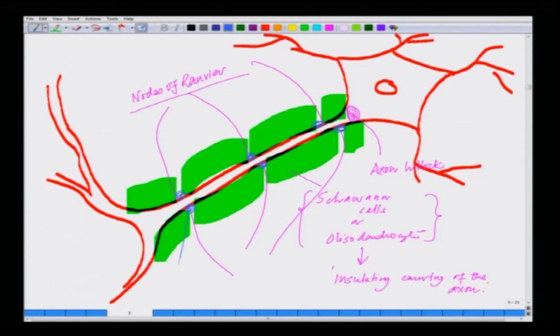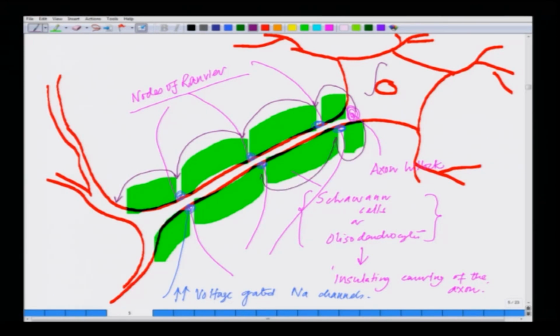What you see in green are a high population of voltage gated sodium channels, and the current, which is now obtaining from all the sources and doing the summation, actually hops like this. It is called saltatory conduction mode, okay. Like this. Saltatory conduction mode.